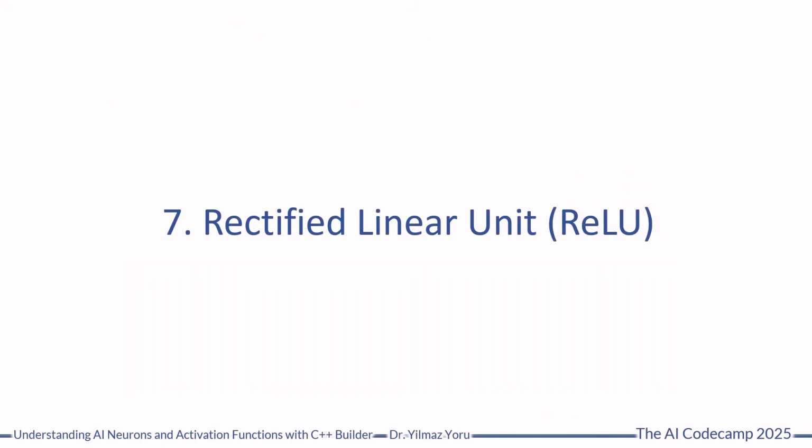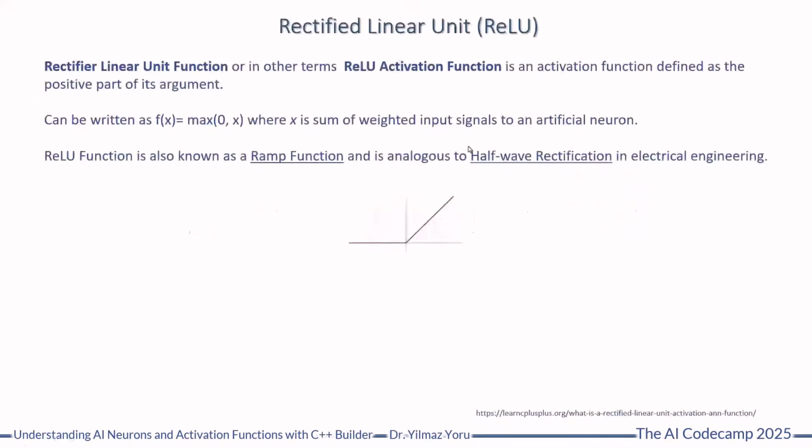And the other one is the rectified linear unit function. It's the ReLU activation function, defined as the positive part of its argument. It can be written as f(x) equals max(0, x), where x is the sum of weighted input signals, which means it's the net input value in an artificial neuron.